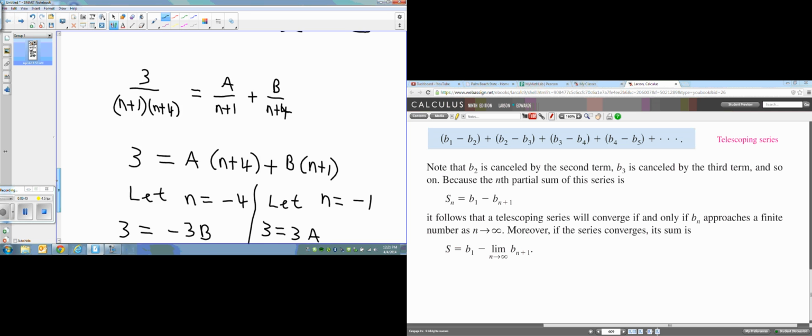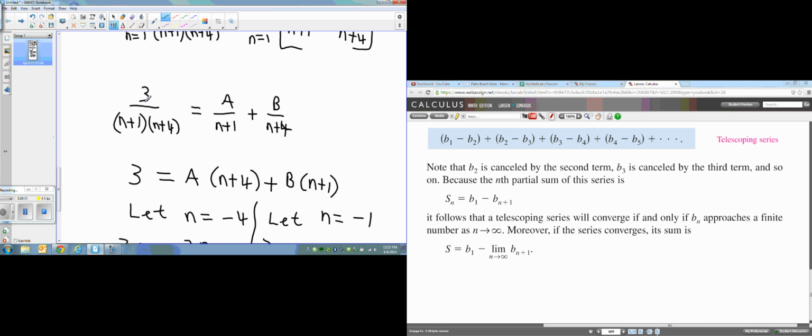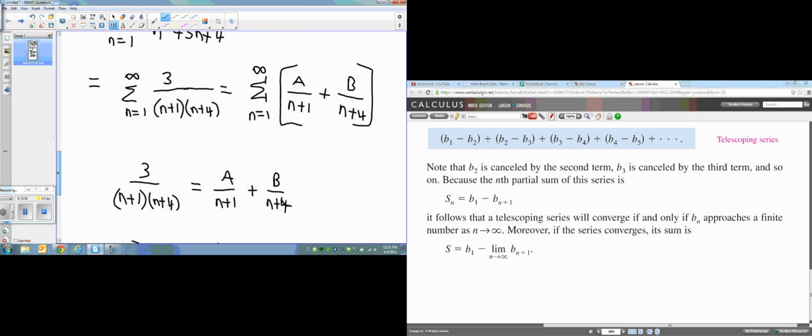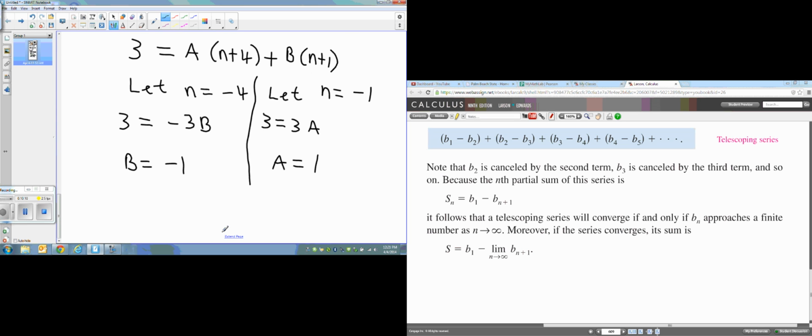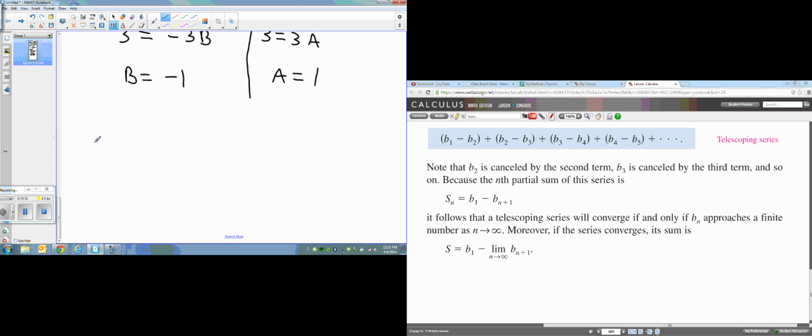Let's go back up here. That means that this fraction, 3 over n plus 1 times n plus 4, is actually equal to 1 over n plus 1 minus, because b is negative 1, 1 over n plus 4. So, coming back to this sum, I can rewrite this series.